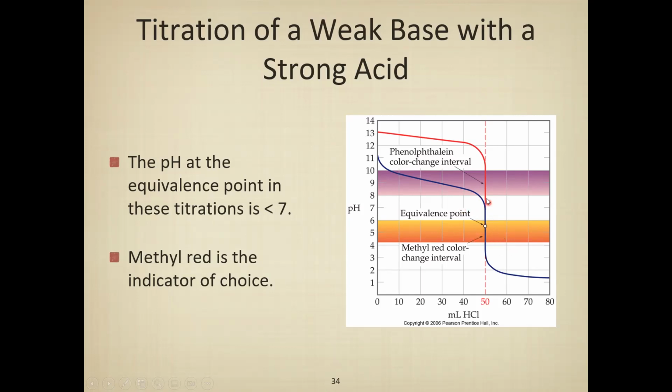So instead of being at 7 like we'd see with a strong acid, strong base, we see it just a little bit below 7 because we've got a strong acid with that weak base. So it's kind of the same idea as the strong base weak acid. It's just kind of reversed now because we're titrating the opposite.